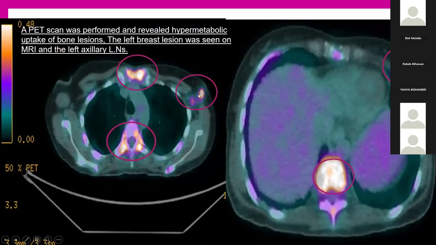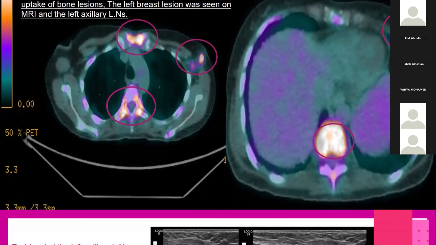Can you see? The same two axillary lymph nodes that conventional imaging and MRI raised as suspicious were confirmed on PET to be highly suggestive of metastasis.